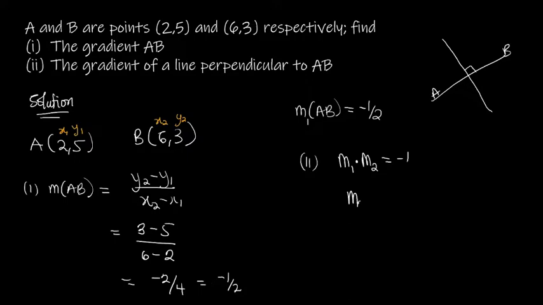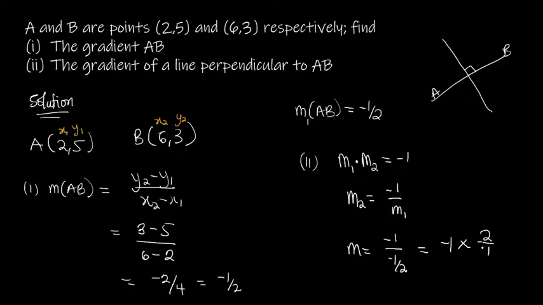So my m2 here will become -1 on m1. So my m2 is equal to -1 on -1 on 2. This is equal to -1, which is the top here. To change the division sign to multiplication, I reciprocate what I have here, so it becomes 2 on 1, -2 on 1.